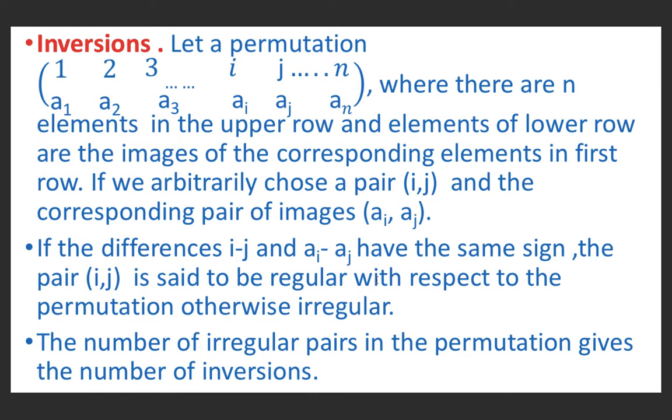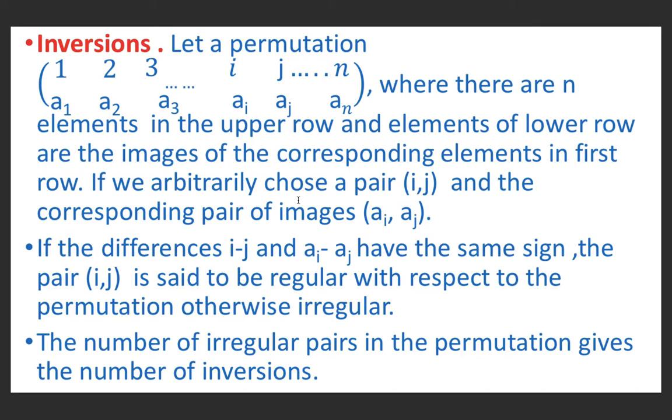Now inversions. Let a permutation be given: in the first row we have 1, 2, 3, 4, ..., i, j, ... up to n elements, and the image of 1 is a1, image of 2 is a2, image of 3 is a3, image of i is ai, image of j is aj, image of n is an, where there are n elements in the upper row and the elements of the lower row are the images of the corresponding elements in the first row.